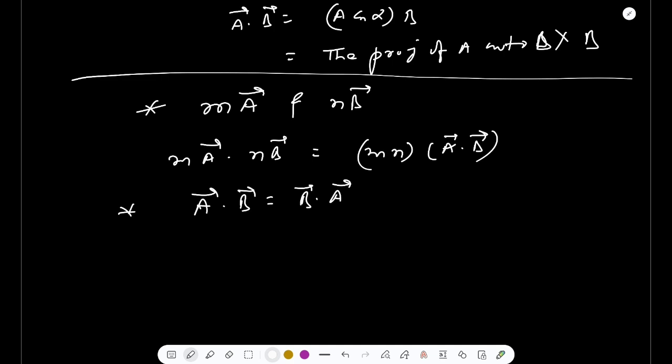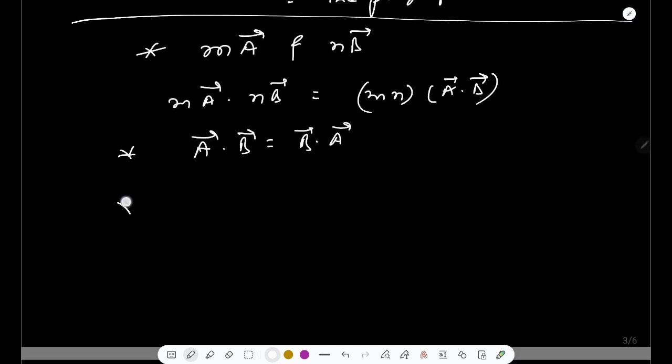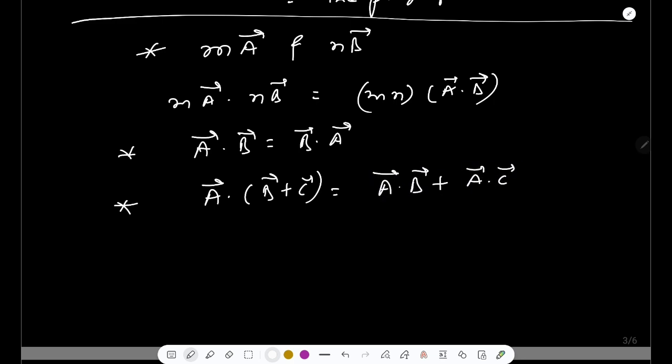And if you try to find A dot (B plus C), you will simply get A dot B plus A dot C, and that means the dot product is distributive.